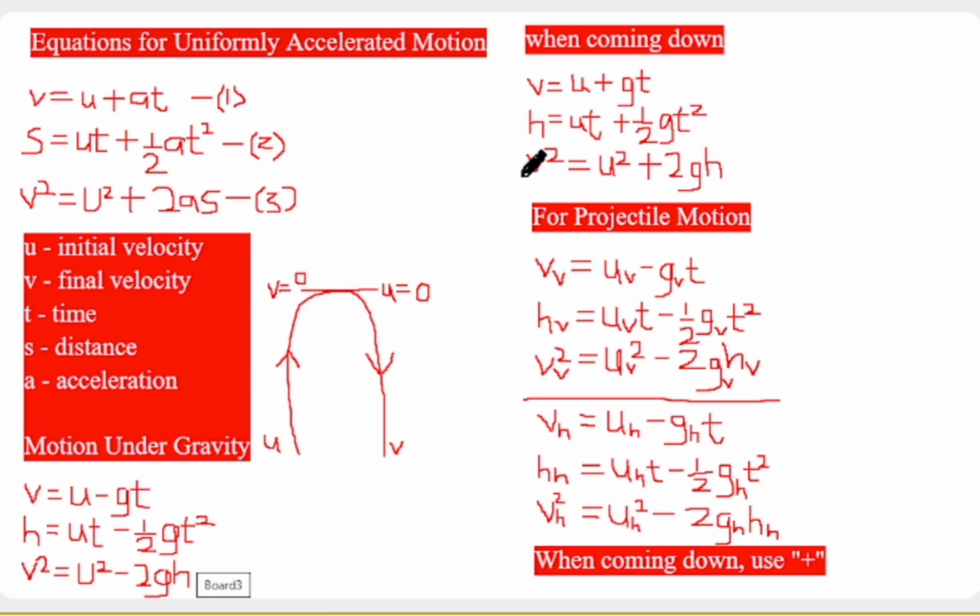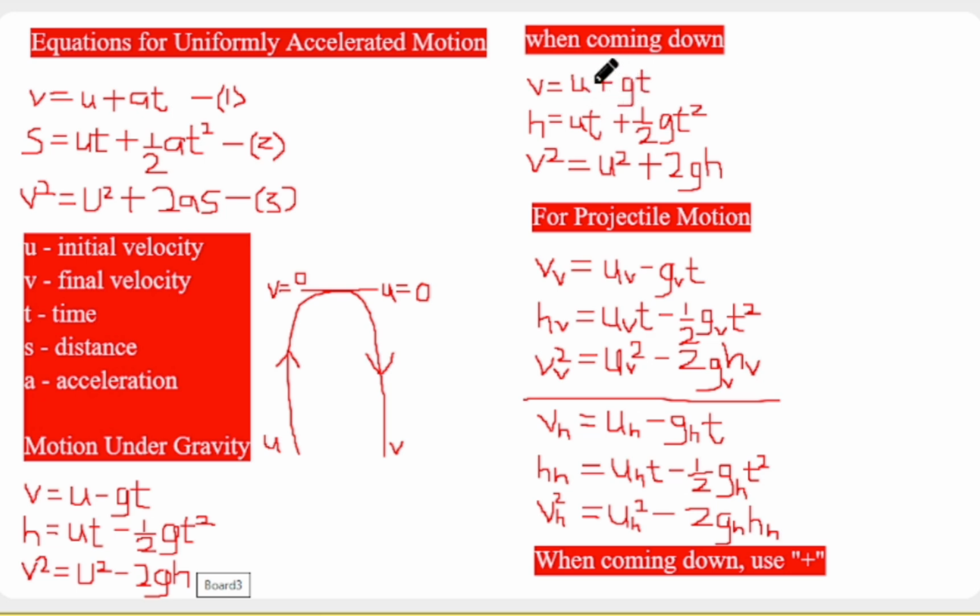But when the object is coming down, instead of minus, we will put plus. We use plus when the object is coming down. And why is that? Because the object is moving in the direction of the force of gravity.